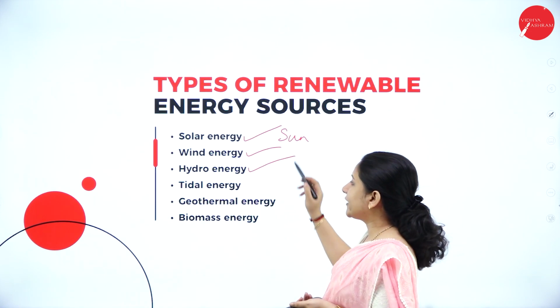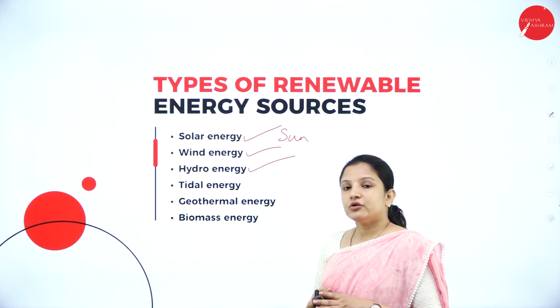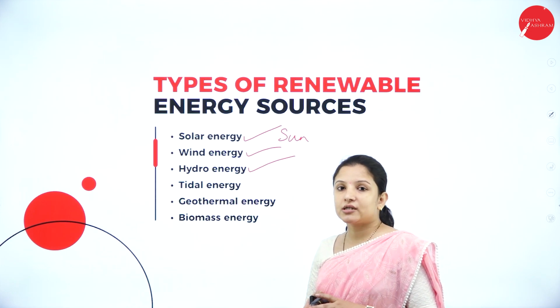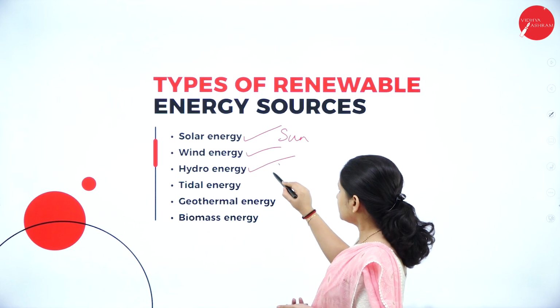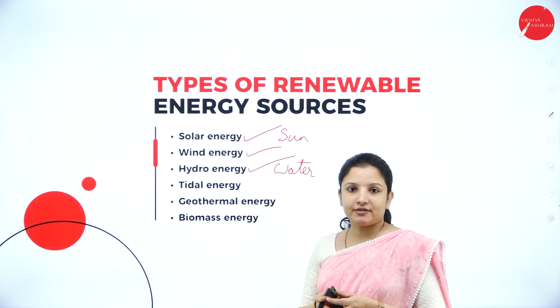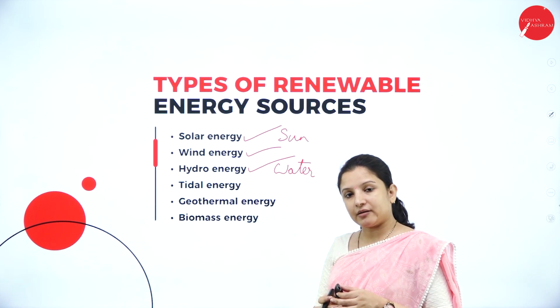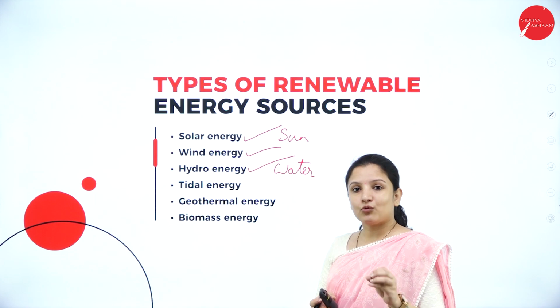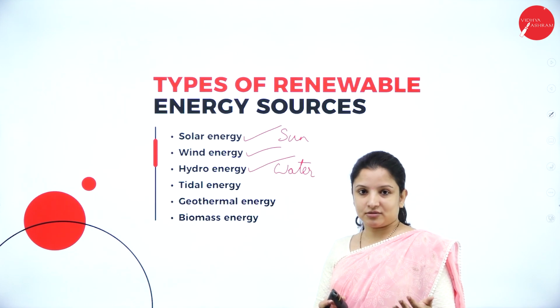Next, talking about hydro energy, that is water. Electricity is produced from water; hydro energy is energy derived from water. Water also will never get exhausted. It will be there until when? Until the plants are there. So we can't say that water can become exhausted.